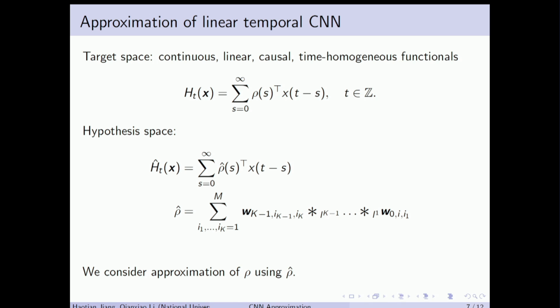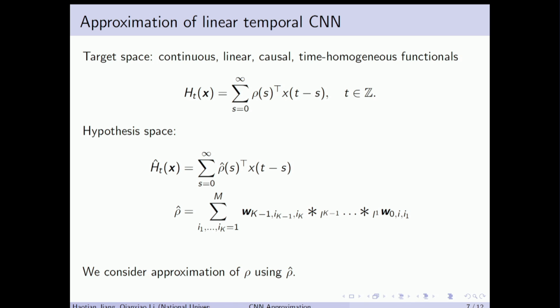So each functional can be represented in this form, and this rho here is unique. So what this theorem says is that every target is related to the function rho here, and we call this rho a representation of the target.